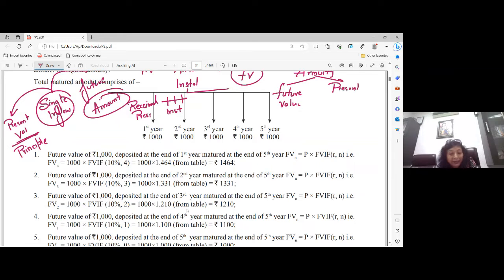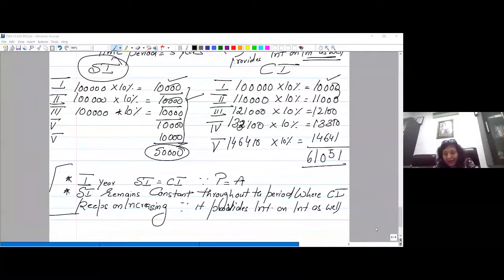Now, how do we find out future value as well as present value? For that, you have to understand the formulas. We'll discuss the formulas first and then I'll give you an example.